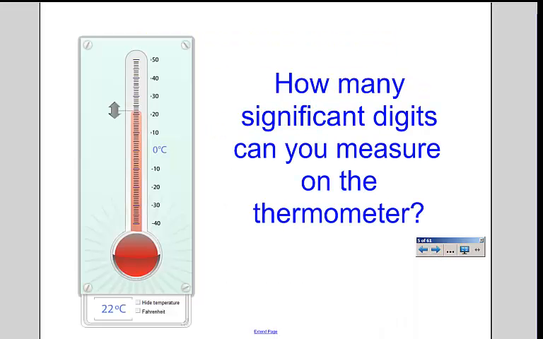Now, same thing with the thermometer. If we're taking a look at this thermometer, we've got degrees Celsius, obviously in Canada. In the States, you'd have Fahrenheit. The thermometer right now, if we didn't have this cheater number on the bottom here, you'd notice that there are degrees going up by 10. Those are the numbers there.